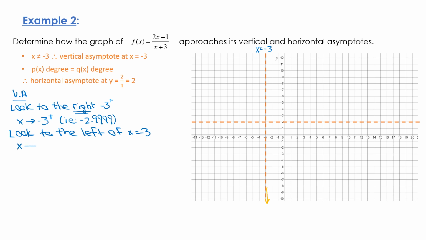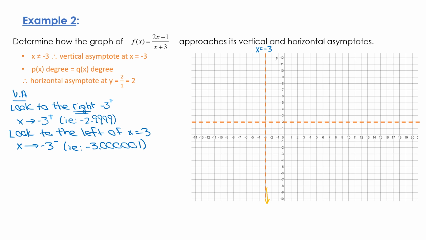We want an x value that's approaching -3, but on the left of it, on the negative side of it. So a number that's just on the left would be -3.0000, however many zeros you want to put in, and a 1. That's really, really close to -3, but just beside the asymptote.